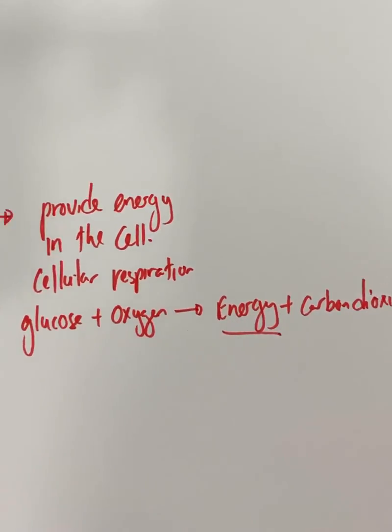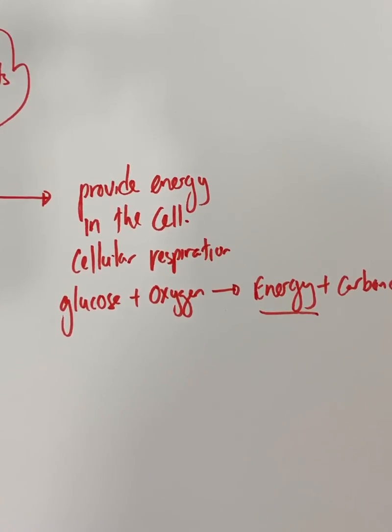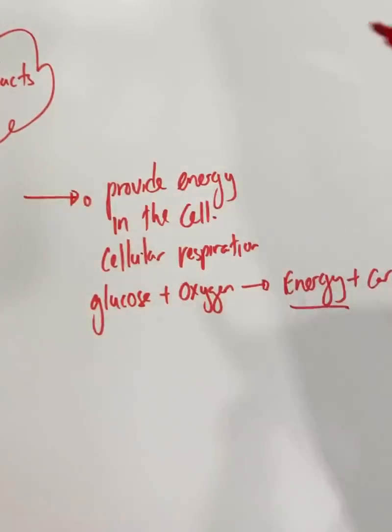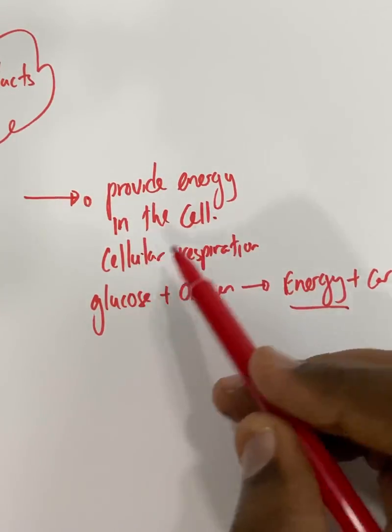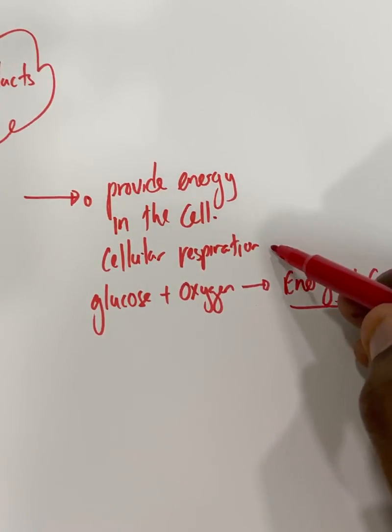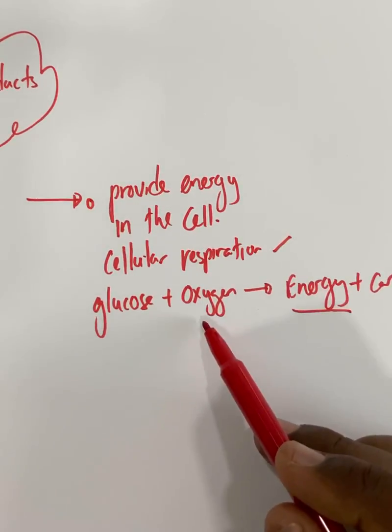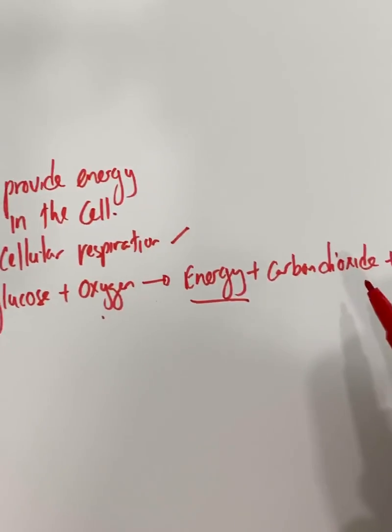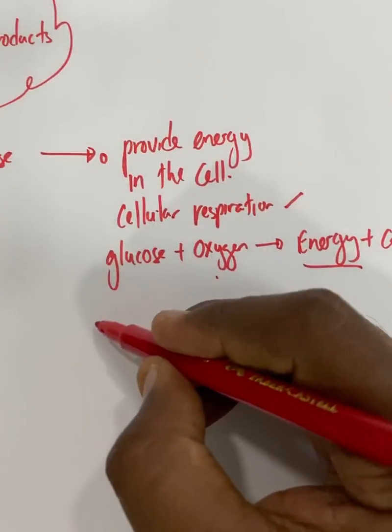This energy is used to perform our daily activity. Again, this is the first point: provide energy in the cell. Glucose combined with oxygen produces energy, carbon dioxide and water.